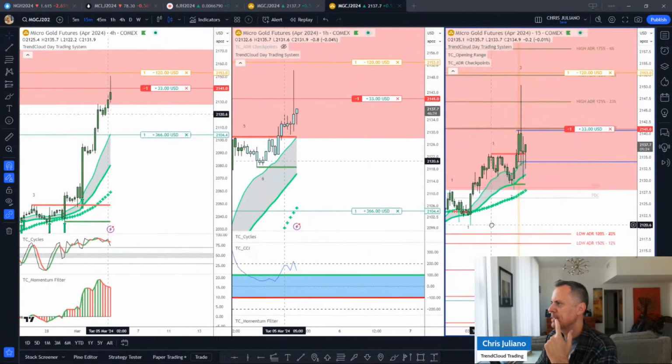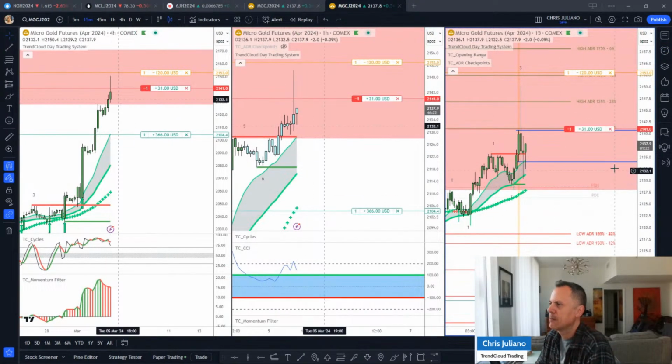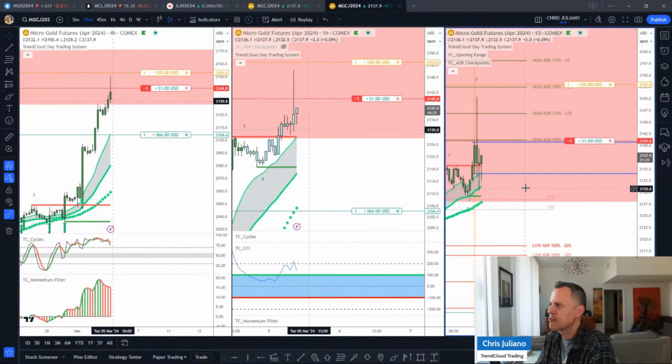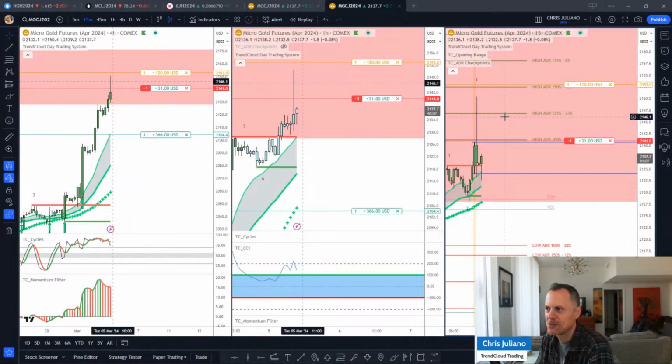So what's happening here now? Here's the opening range. And we broke out to the upside inside of the high time frame supply zone.